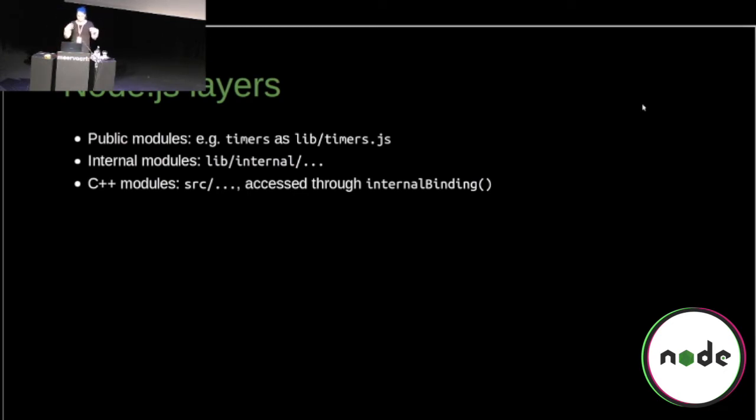We have internal modules, which are not accessible or requirable from outside of Node.js itself. These are for internal helpers. I don't think I'm going to be needing any of this in the live coding exercise. We have C++ modules, which are in the src folder inside our source tree, and we have come up with ways to connect JS and C++ so that we can load these C++ modules from JS.